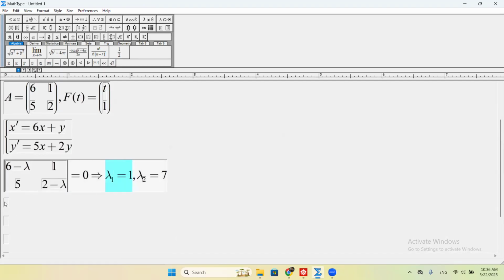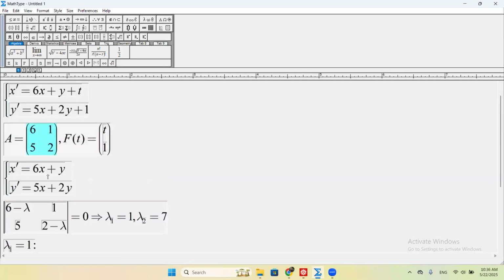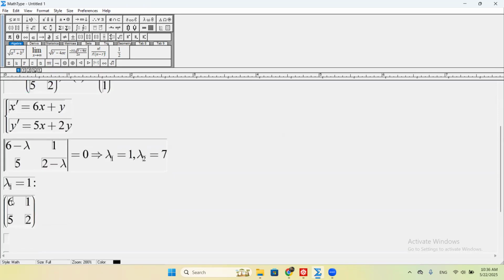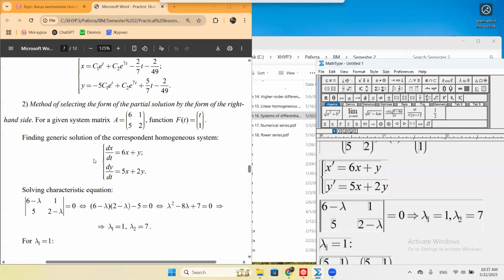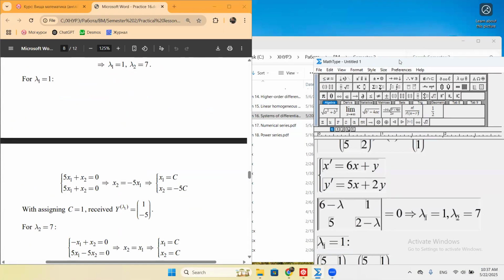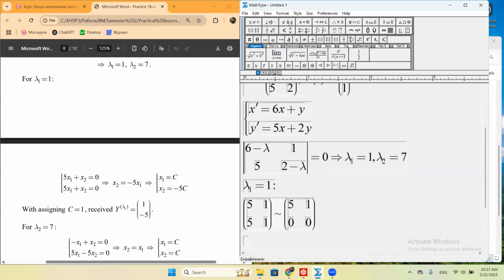So for lambda 1, the matrix will be the following. So 5, 1. The second equation will be eliminated. So the first, so y lambda 1 equals 1 minus 5.